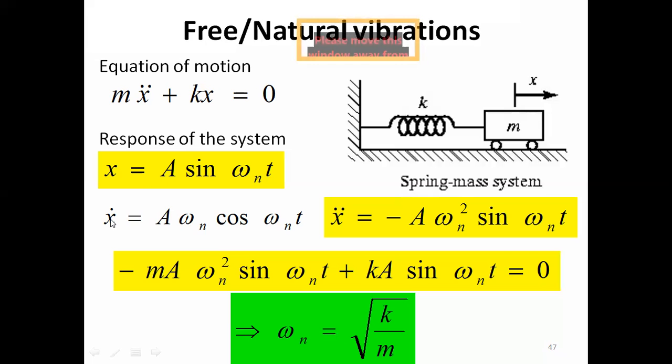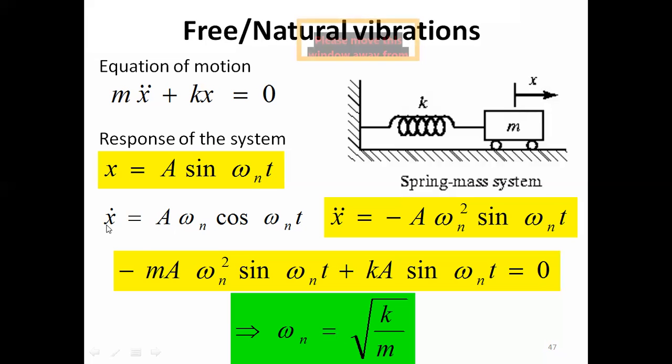So we have x equal to A, a constant, which is the amplitude of the vibration, times sine omega n t. The derivative of sine omega n t is cos omega n t, and we also get omega n. So x dot is equal to A omega n cos omega n t.